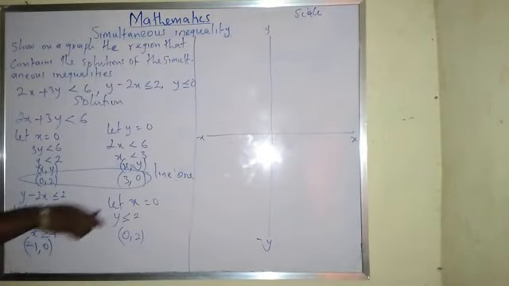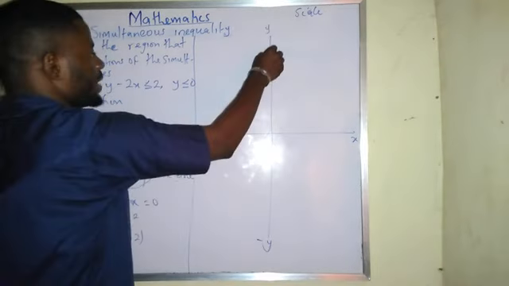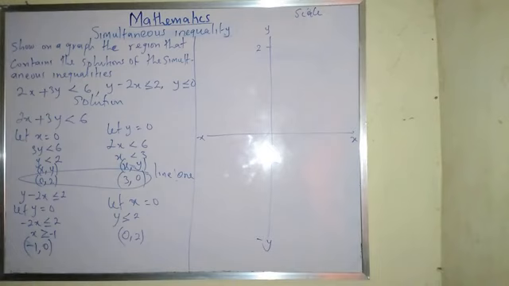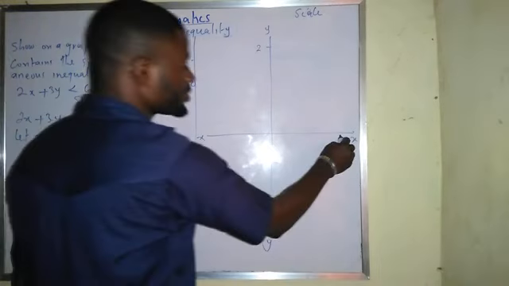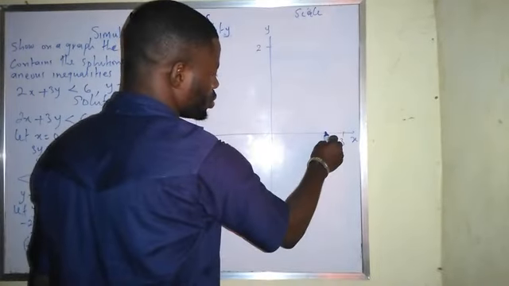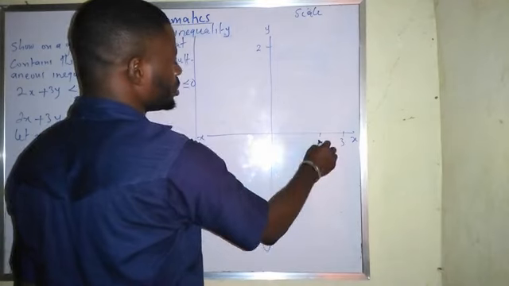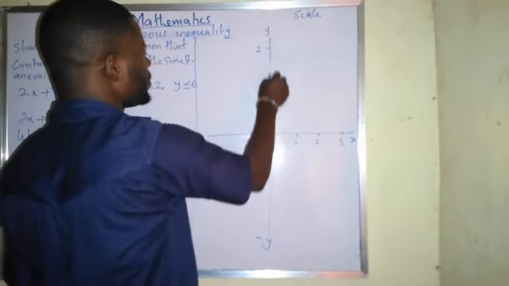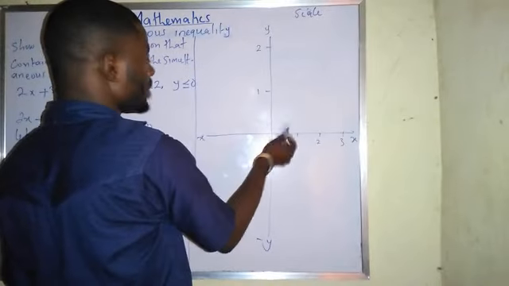I'm having 2. Let's assume my 2 is here, and I'm talking about theory. I'm sketching anyway: 2, 1, 2, 1, 0. This one will now be what? 1. It's all about my scale.